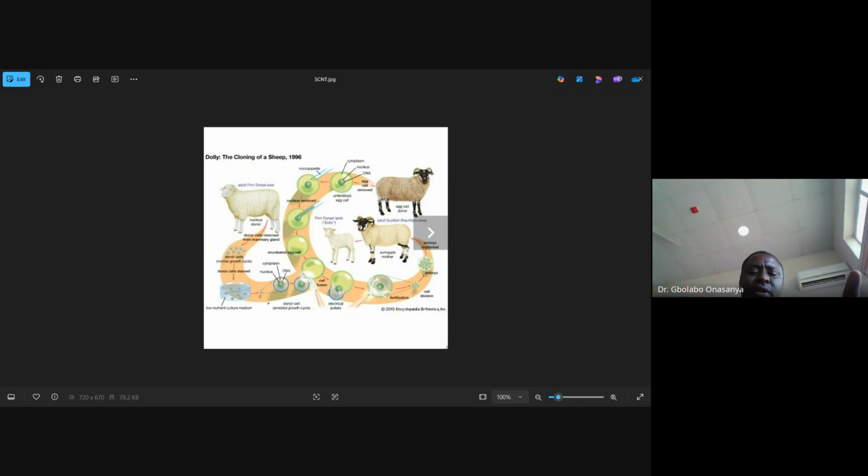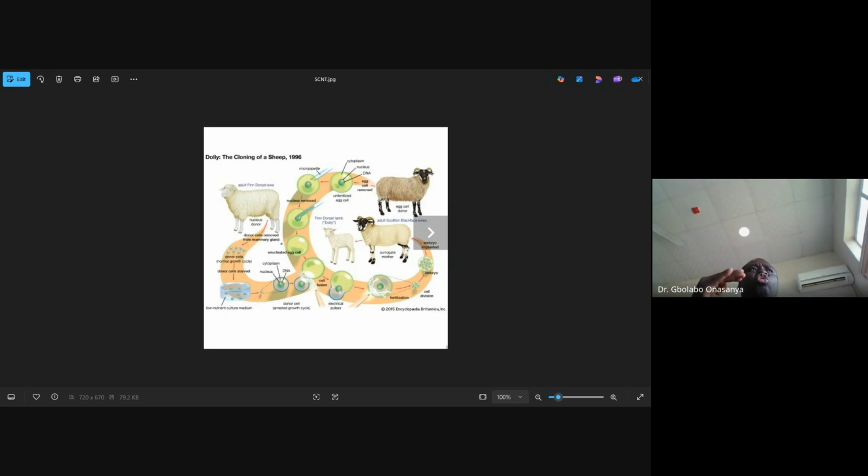So this cell coming from the human mammary gland, with electrical impulse, has been fused into the enucleated cell. Then we have generated a transgenic cell. The further introduction of electric impulse will stimulate fertilization. And after fertilization happens, cell division begins.